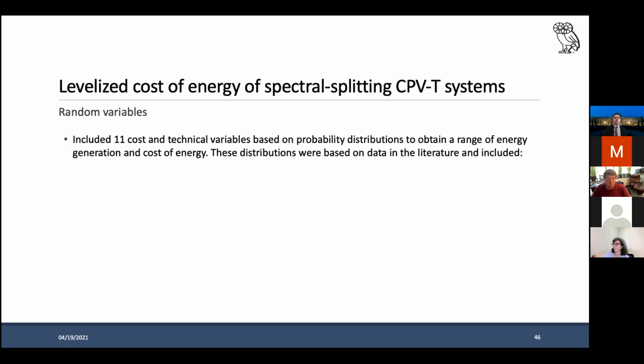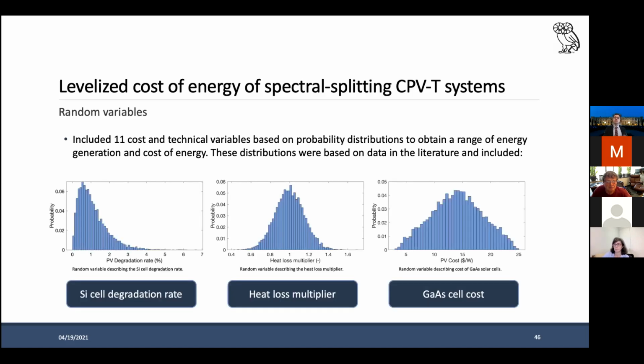In total, we included 11 cost and technical random variables using data in the literature to obtain a range for the LCOE of each system. As an example, here are 3 of the random variables associated with the silicon solar cell degradation, the heat loss multiplier, and the cost of gallium arsenide solar cells.